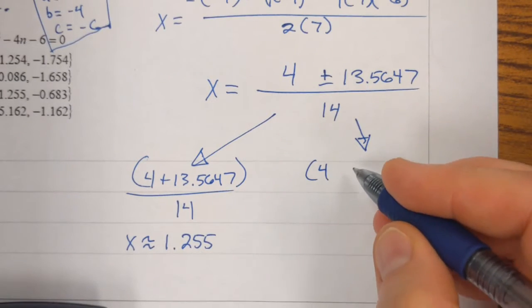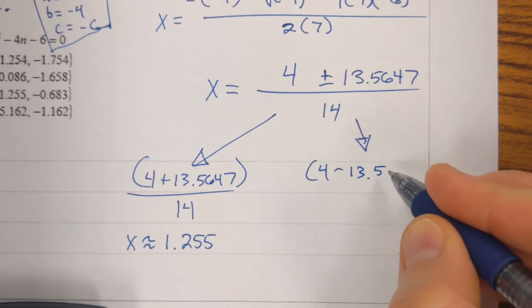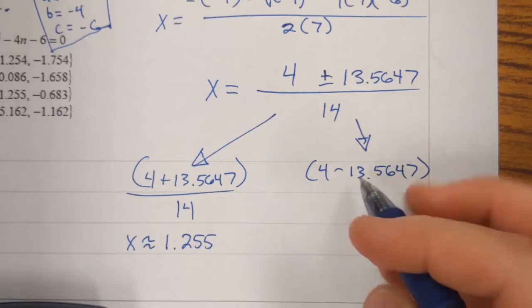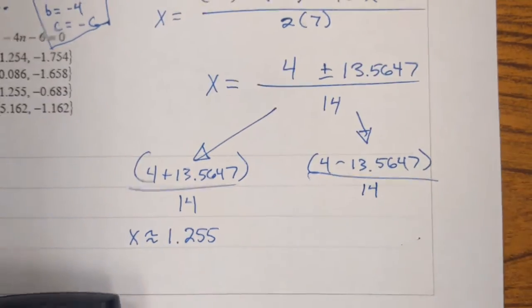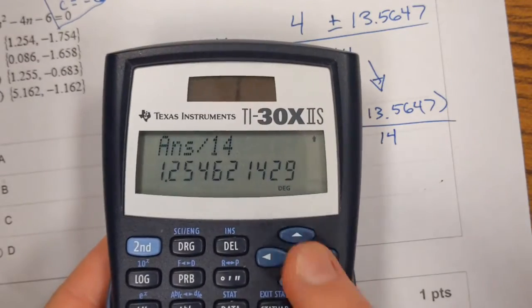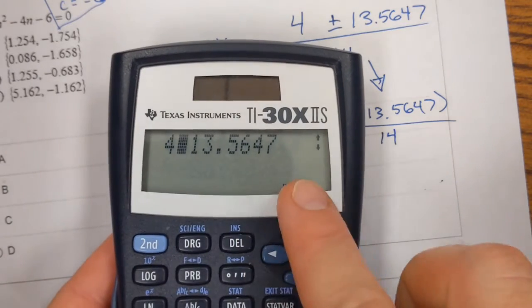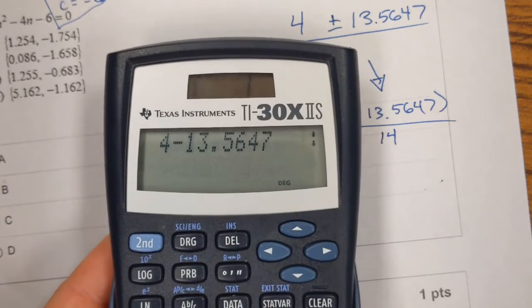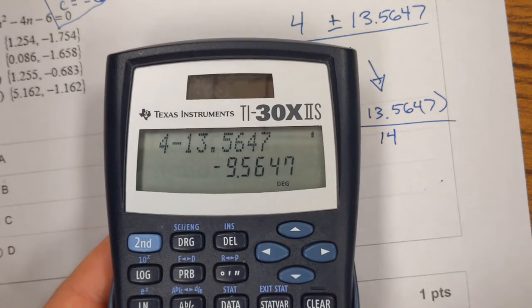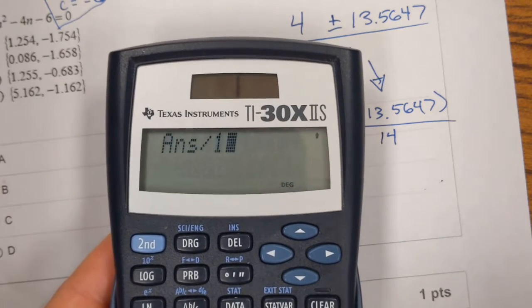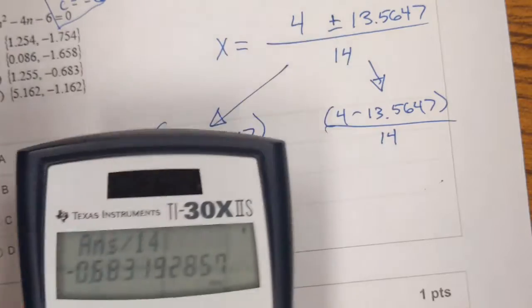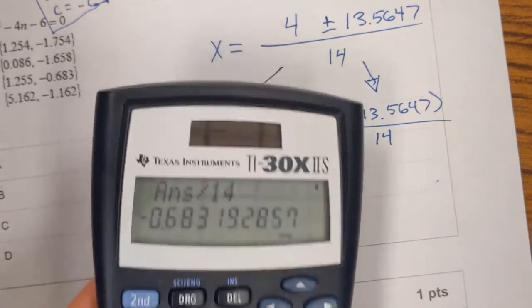The other answer is going to be 4 minus 13.5647, all of that divided by 14. Here's a little cheat with this calculator. Sometimes I'll hit the up arrow, go back to this previous entry, and change the plus sign to a minus. Then I'm going to divide that answer by 14. Now this one comes out to negative 0.683.